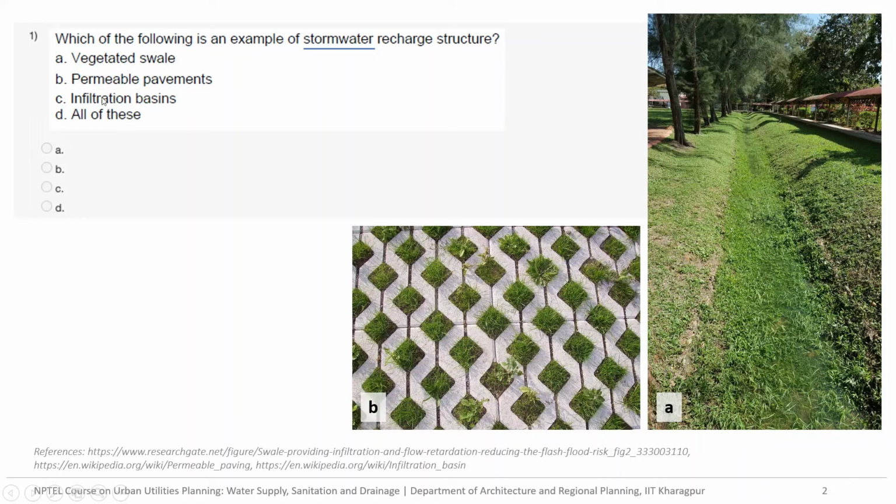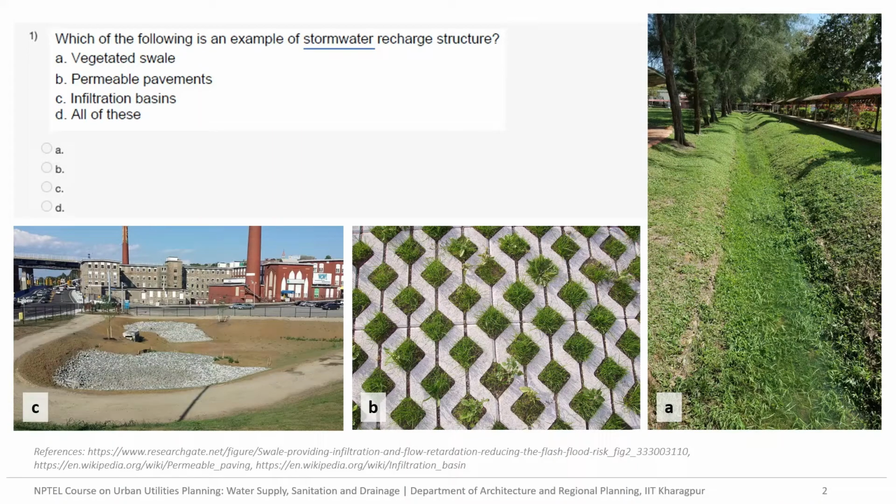The second structure they're talking about, permeable pavements, you must have seen it around a lot of places where instead of paving an entire sidewalk or platform, we have these pavers which have pockets of exposed ground on them so that a bit of rainwater that is collected on the ground can permeate through.